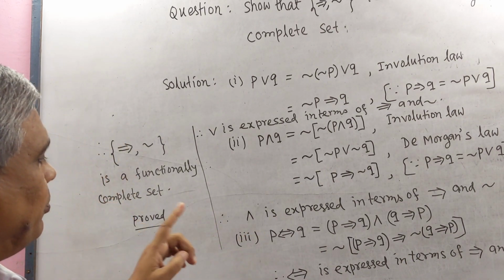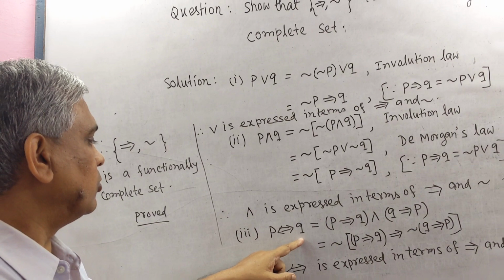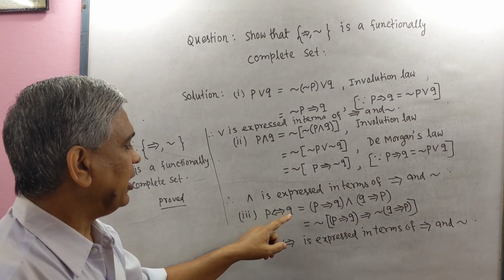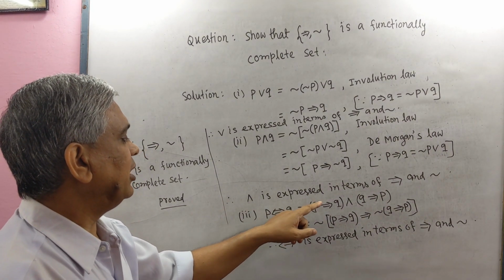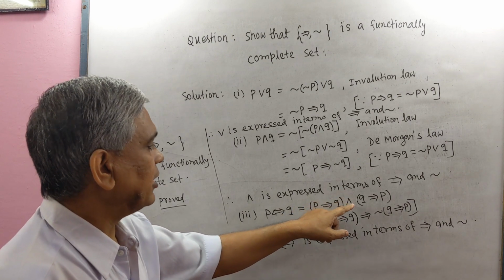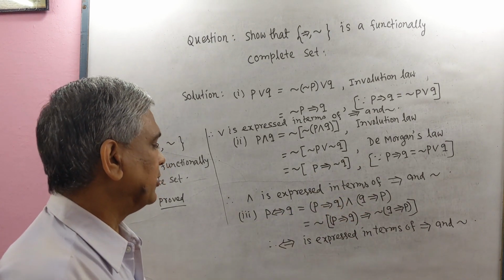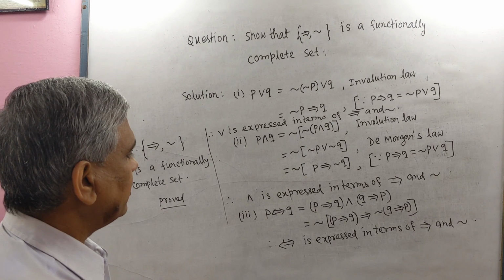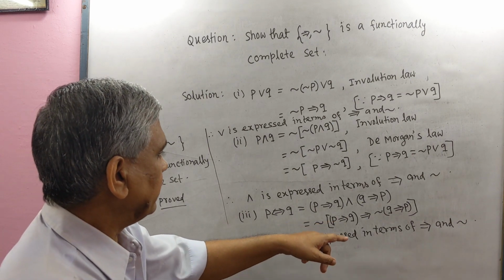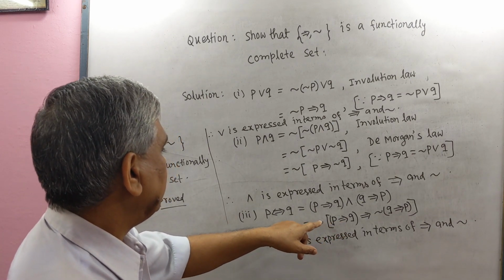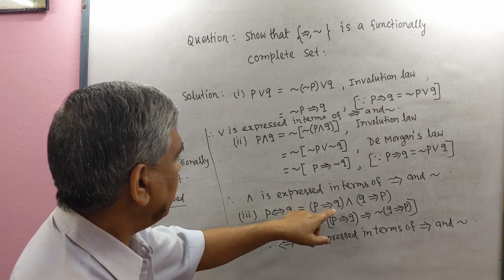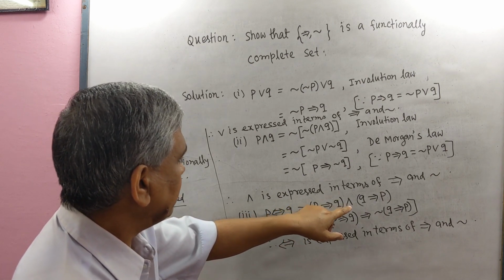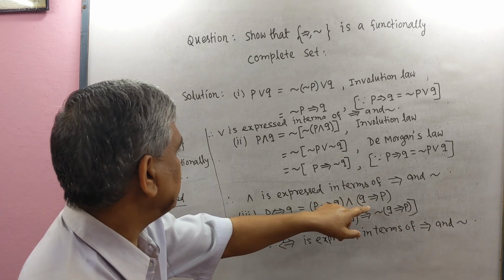Number 3, P double implication Q. We know that P double implication Q equal to P implication Q conjunction Q implication P. Here we have this part conjunction this part.